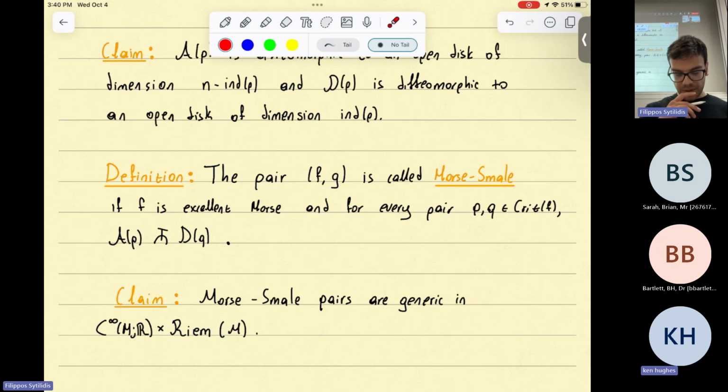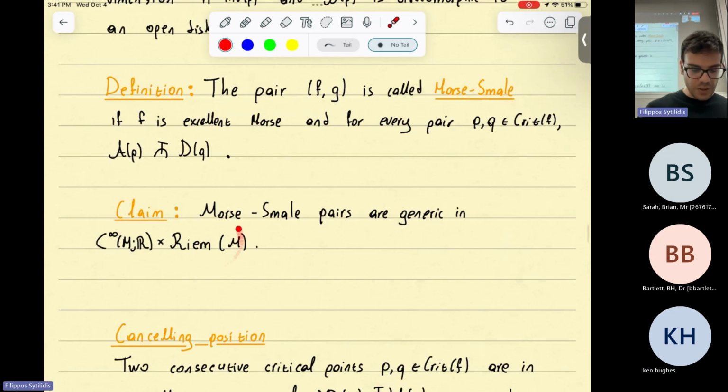And there's again the claim that if you look at the space of smooth real valued functions across the space of metrics, these pairs, the Morse-Smale pairs, are actually generic.